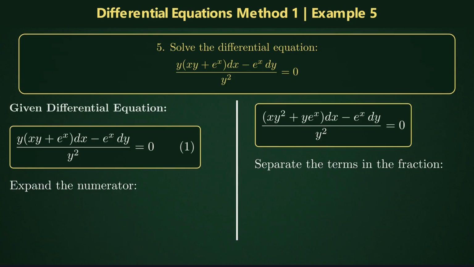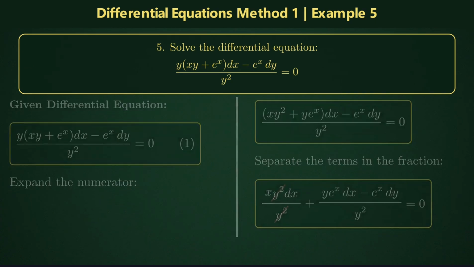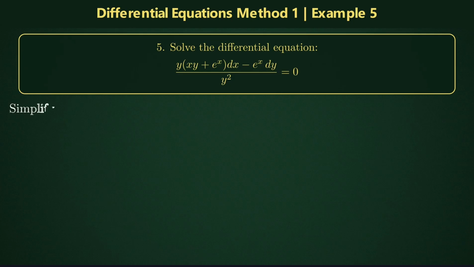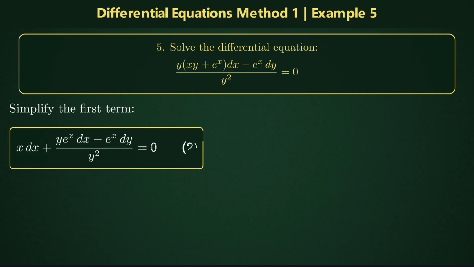This gives x y squared dx over y squared, plus the fraction y e to the x dx minus e to the x dy over y squared equals 0. We simplify the first term by cancelling out the common factor of y squared. This simplifies the equation to x dx plus the fraction y e to the x dx minus e to the x dy over y squared equals 0.